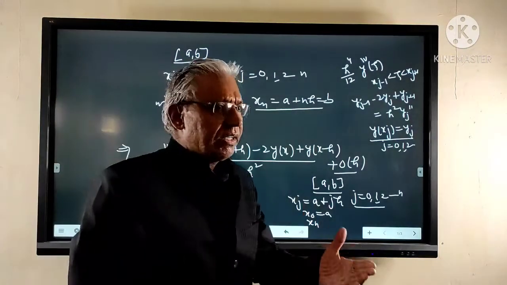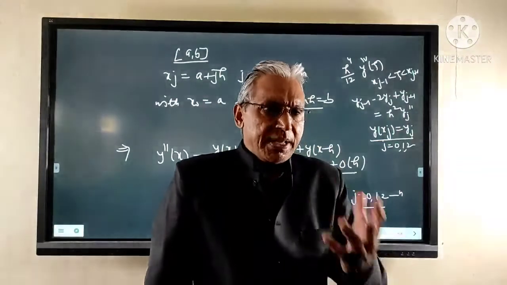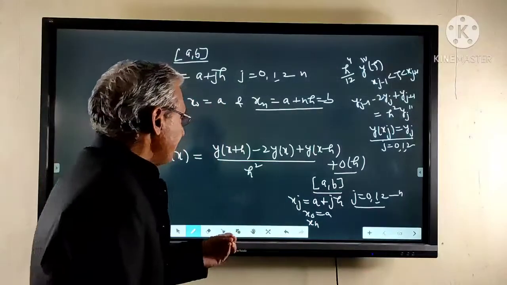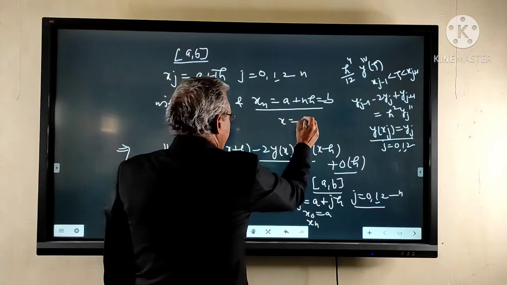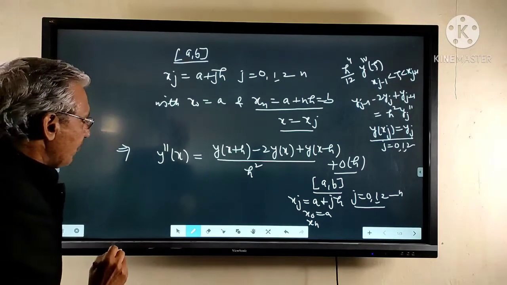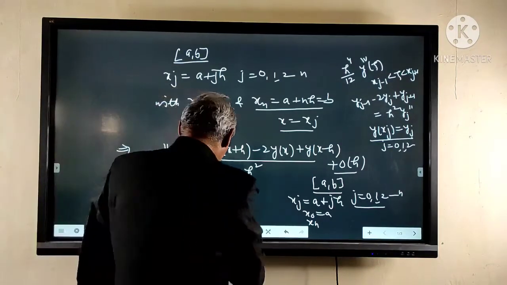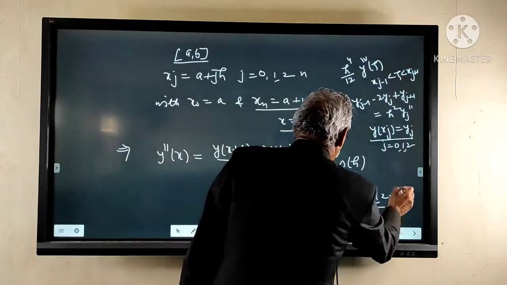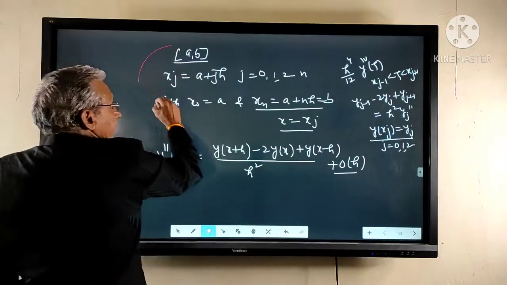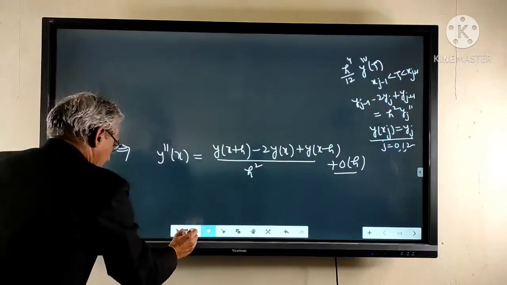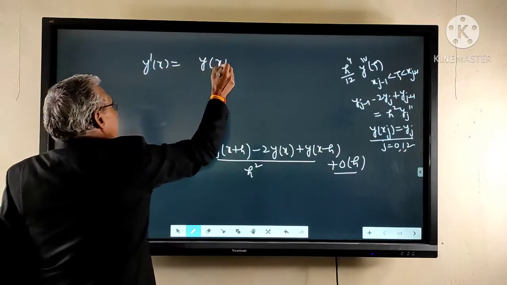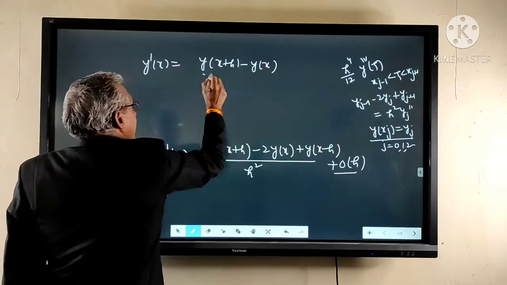If we want to find the finite difference approximations for y'(x) and y''(x) at the point x = x_j, then we know that y'(x) = [y(x+h) - y(x)]/h.